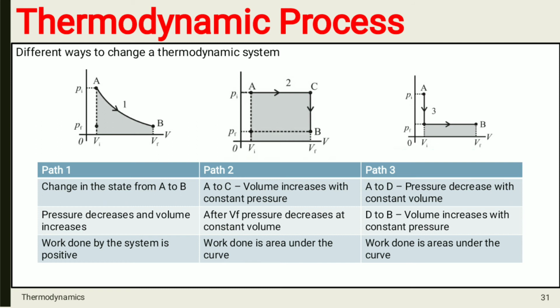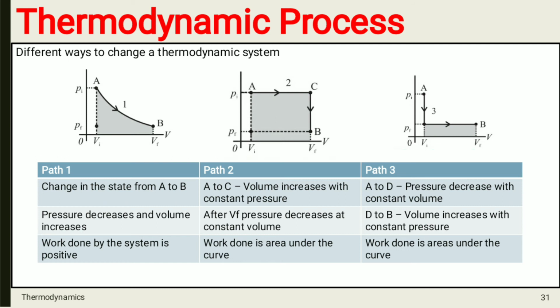Now, in the second path, you can see that A is the initial state of the system, B is the final state of the system, and C is the intermediate state. In path 2, first the system will change itself from A to C, where volume of the system increases and pressure is constant.